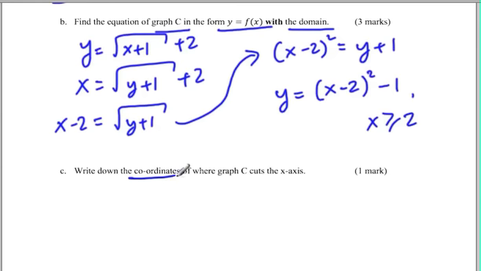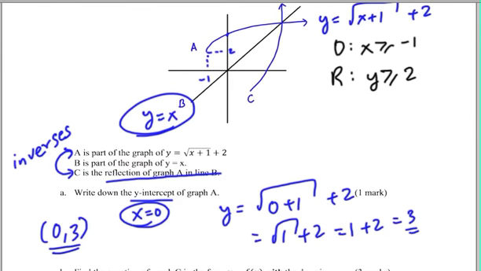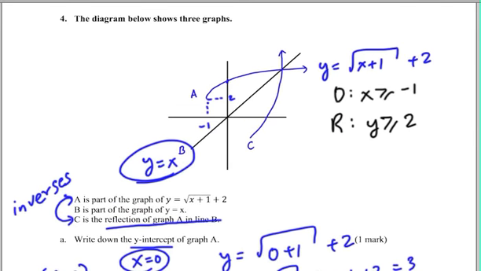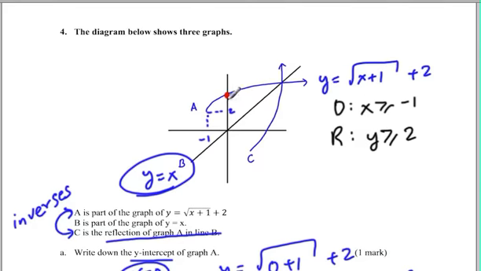Now, write down the coordinates where the graph of c cuts the x-axis. So let's look at the graph over here. So here, we basically found what the y-intercept was, and we found that it was 3. So the y-intercept, since a and c are inverses of each other, this point right here would immediately map to this point right here, because the y-intercept of one graph will be the x-intercept of its inverse.